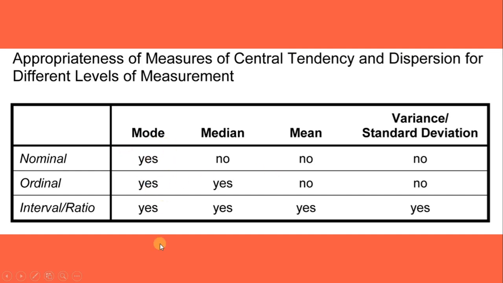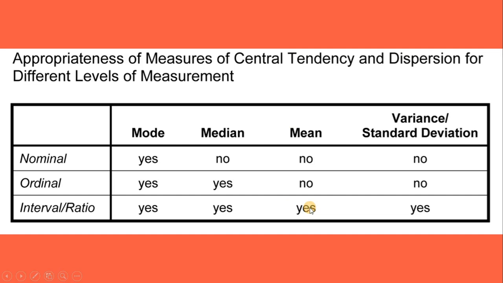You can use the mode for all three. Median, not all. Nominal, not possible because they are not numbers and the values are categories, like name, colors. And the mean you can use, but not all the time, because it would not give a good meaning, not interpretable for nominal and ordinal.